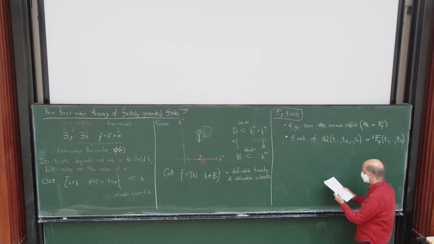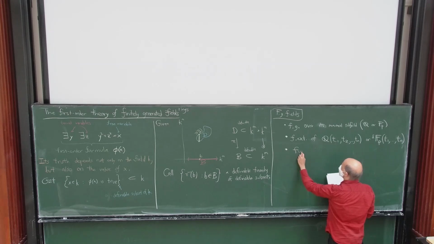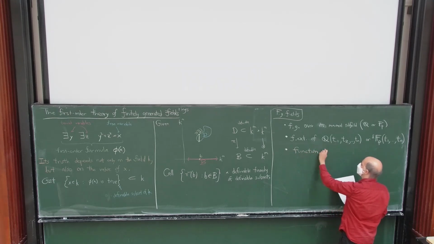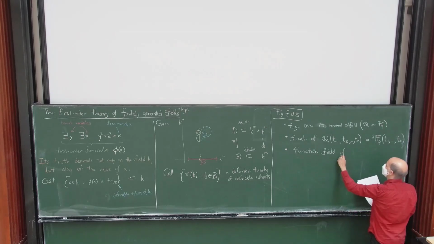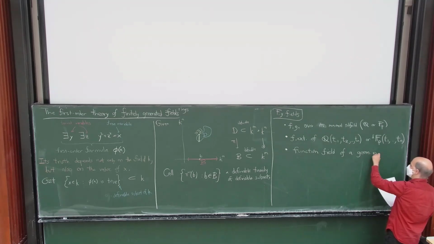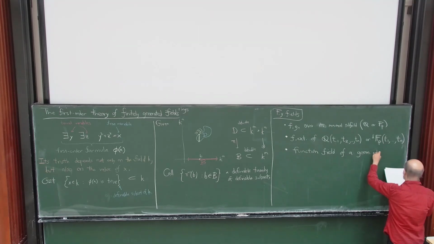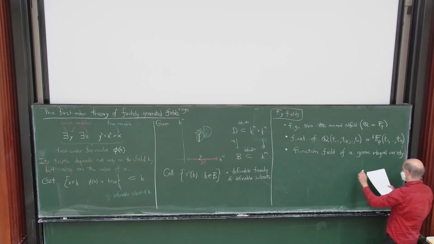All right, so you could also think about it as being the function field of a variety, and in fact you can think of it as being the function field of a geometrically integral variety over some constant field.